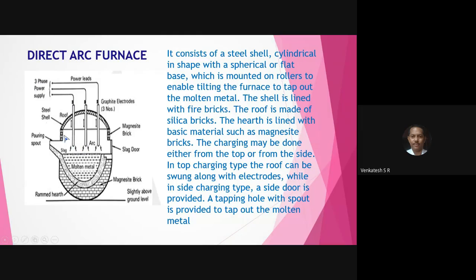Now the principle of operation. Switch on the 3-phase power supply. In all the 3 electrodes, the arc is established between the electrode and the metal present in the furnace.